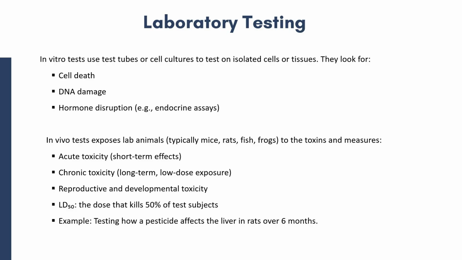Chronic toxicity is the long-term exposure to low doses. So in this case, let's say we're testing how a pesticide affects livers in rats over 6 months. They would expose them to a very small amount of that pesticide.